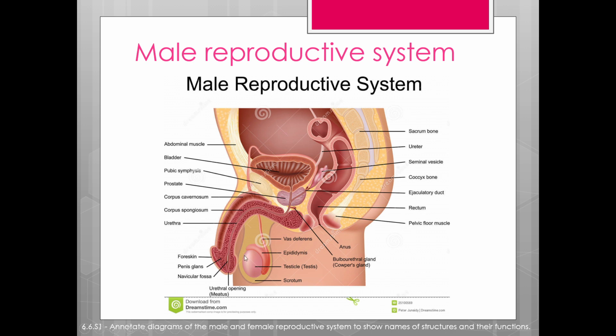So here we've got the testis. On the testis there is a cap which is called the epididymis. From the epididymis the duct will go out, which is called the vas deferens or ductus deferens, and this is the tube going upwards. Then it turns around the urinary bladder and goes down.